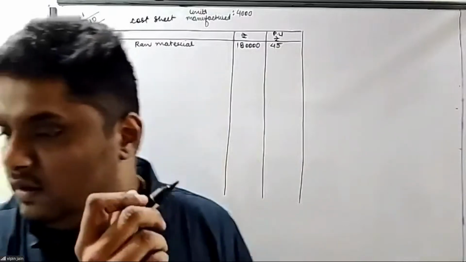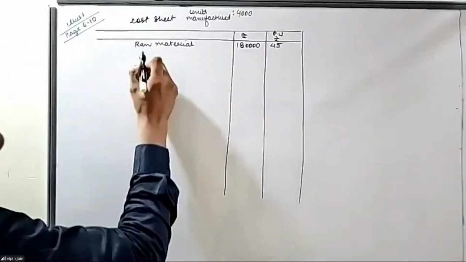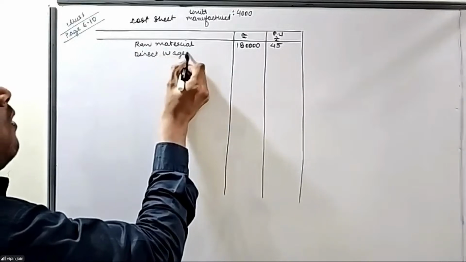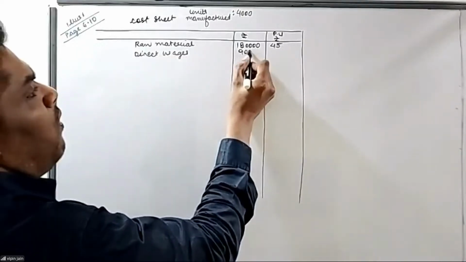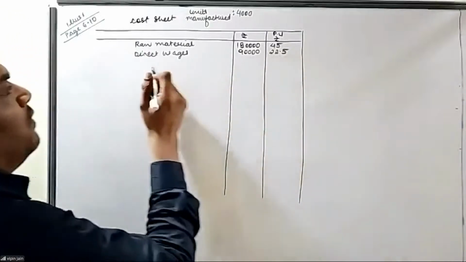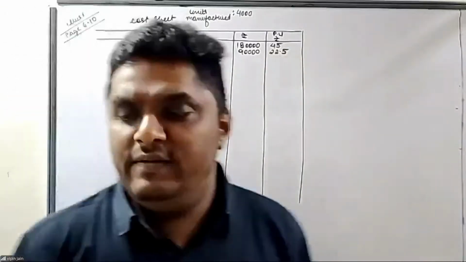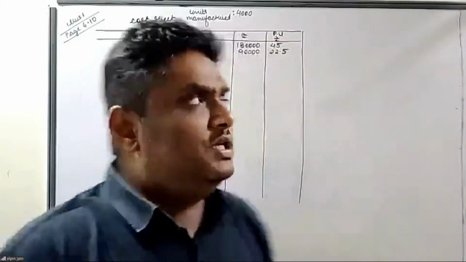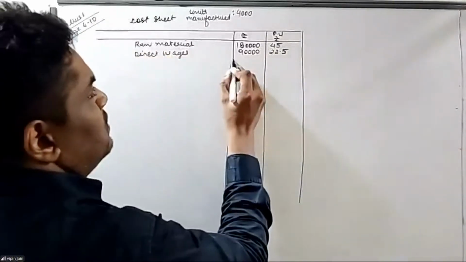Next is direct wages, 90,000. This will be 22.5. Now, no information is given in the question as regards direct expenses. So this much only will be my prime cost.